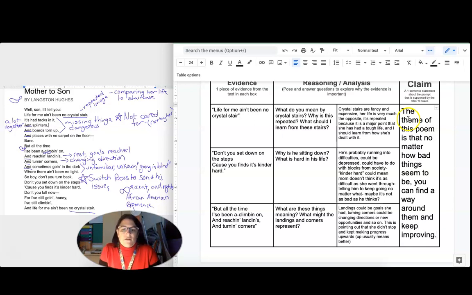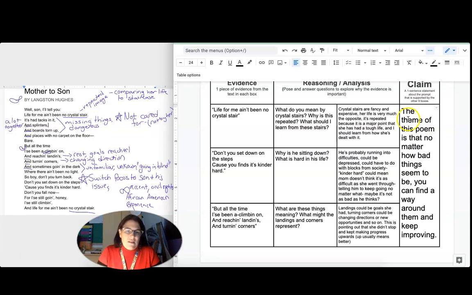My first read through could have been, don't give up. And this is still saying don't give up, but now I'm getting deeper things. I could even think it's maybe society, that no matter how bad you think it is, it could be worse, so keep finding a way forward, keep taking what's advantageous there.